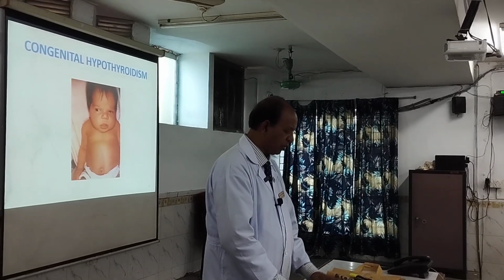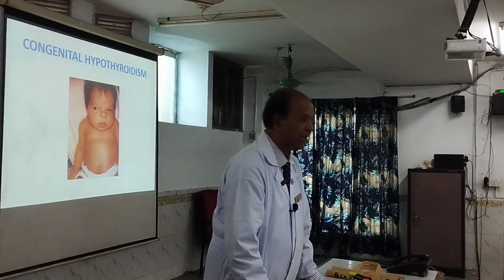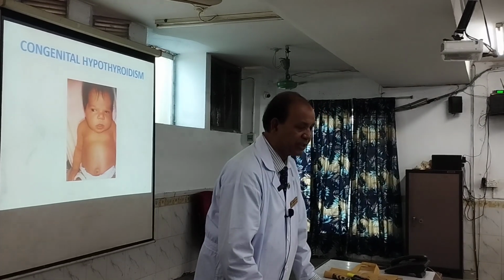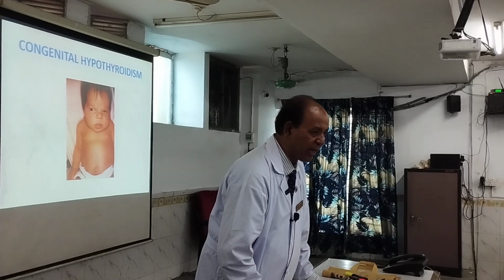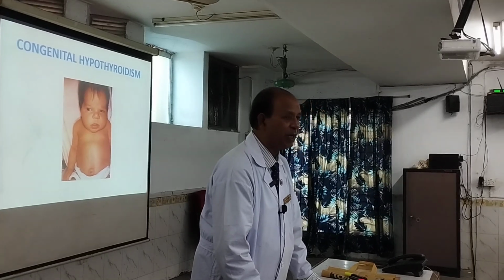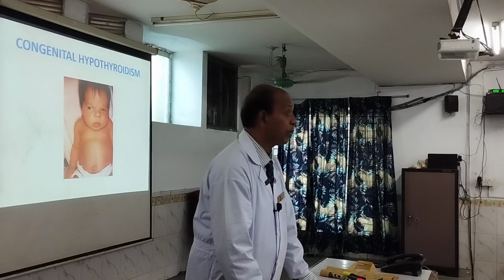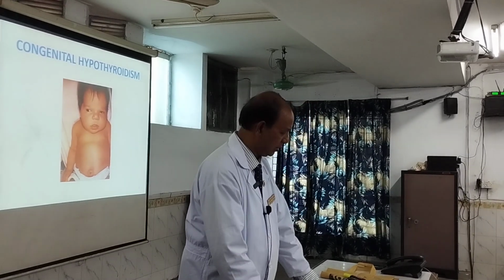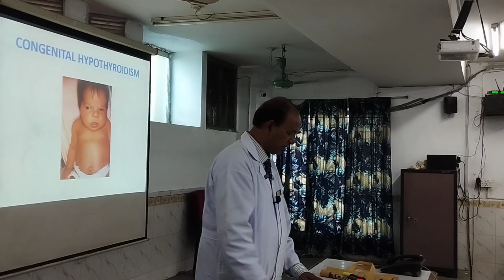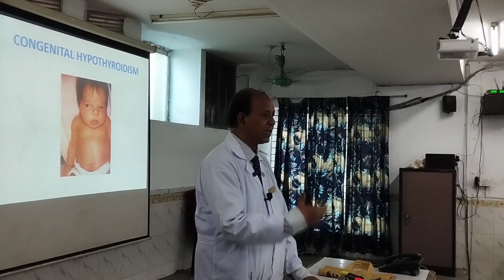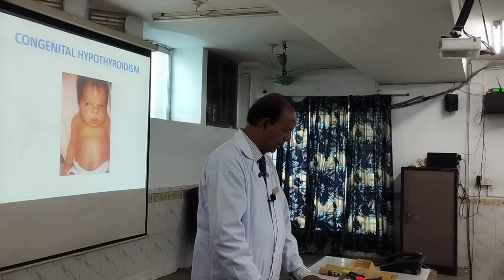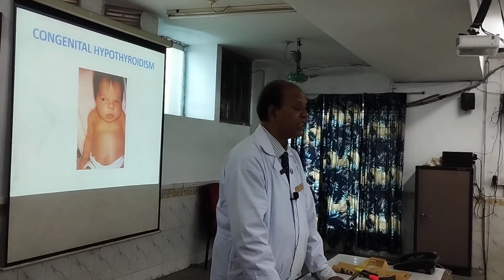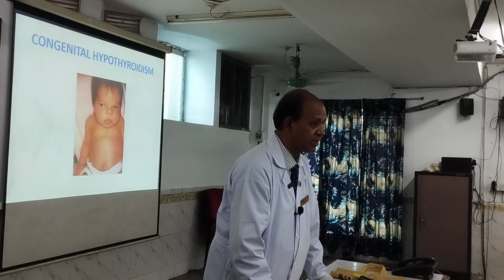Now let us see how we diagnose the case. It is completely a clinical diagnosis, but we do some laboratory investigations for confirmation of the diagnosis and differential diagnosis exclusion. Remember this one. First of all, clinical assessment. Next, we go for assessment of thyroid T3, T4 and TSH.